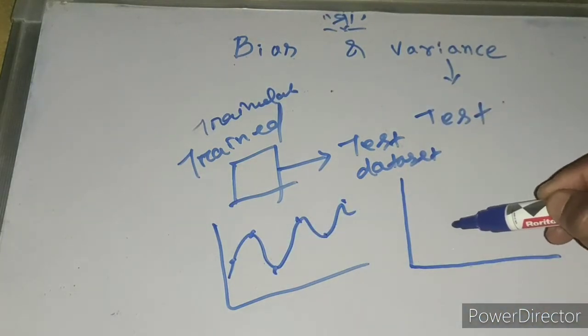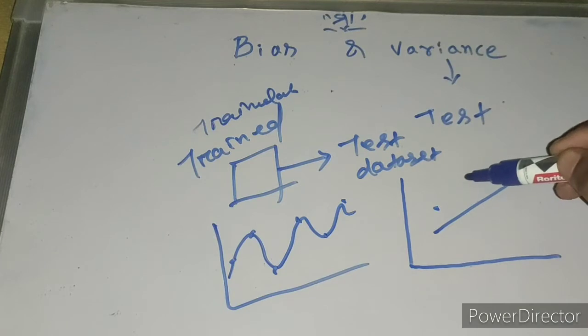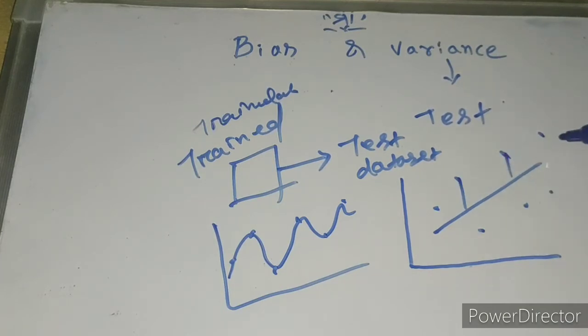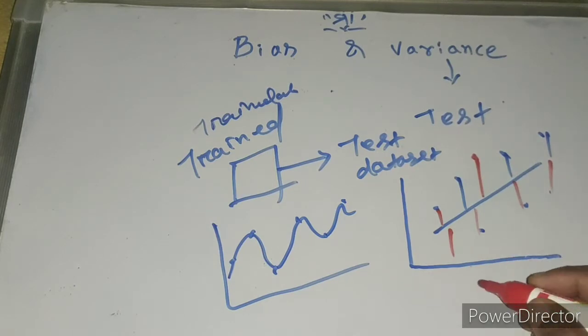But while testing, there are various points for which the distance is higher. The distance or residual or error is quite high while fitting the model. This condition is known as high variance.